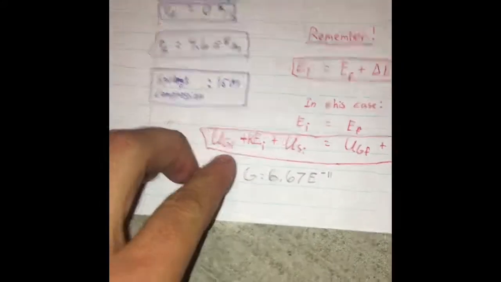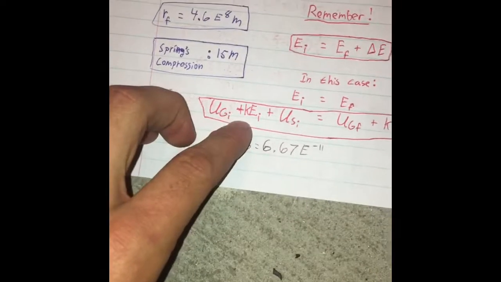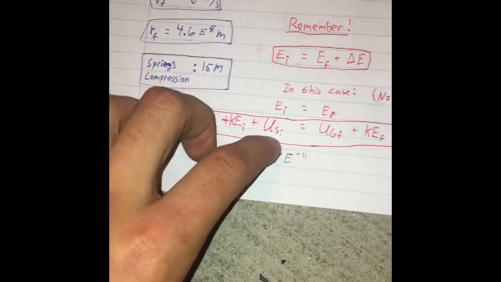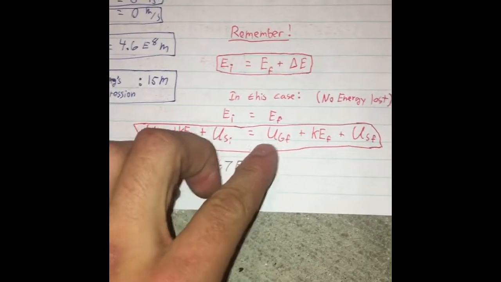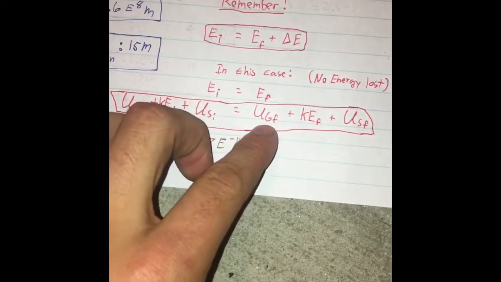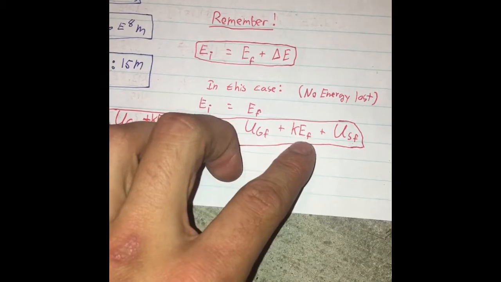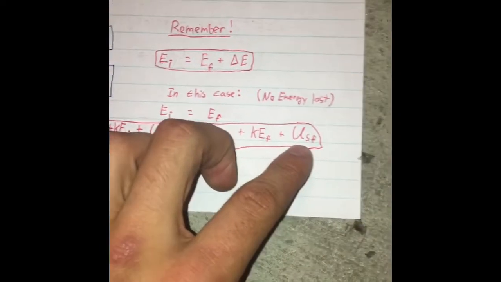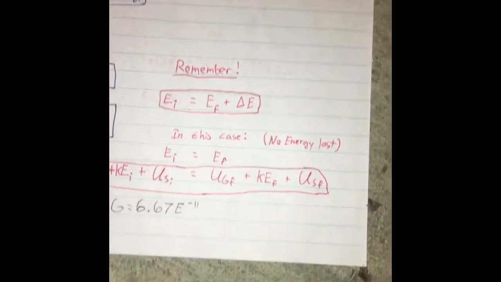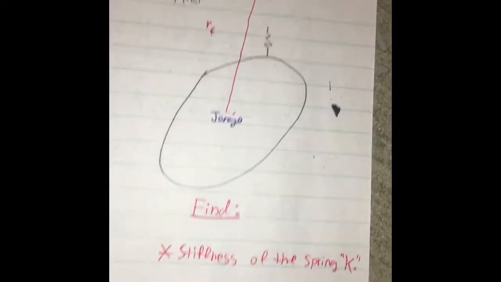So we're going to use the initial potential energy plus the initial kinetic energy plus the potential energy of the spring initially to equal the potential energy of gravity at the end, the final position, plus the kinetic energy of the final position plus the final potential energy of the spring, which is going to be 0, given that the spring is on the planet and it's in space.